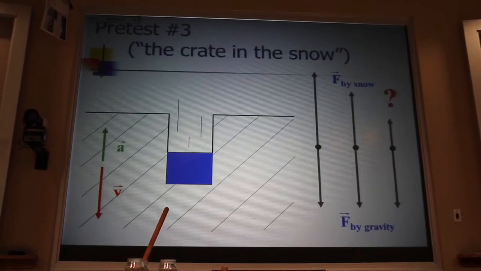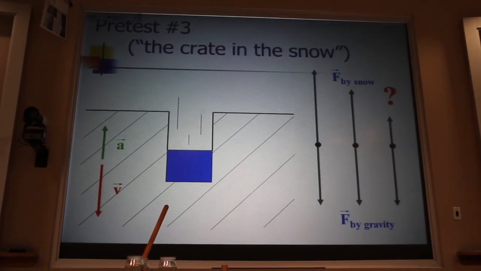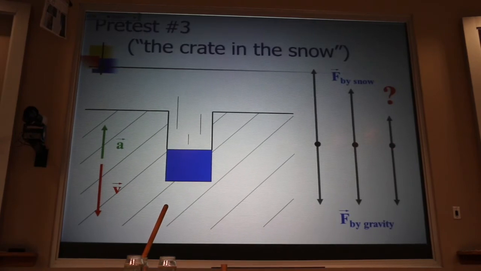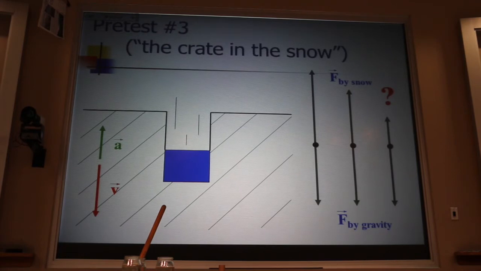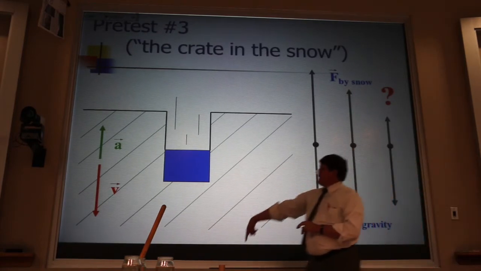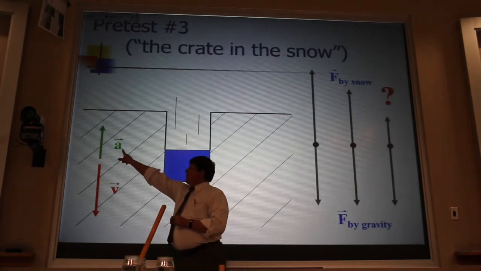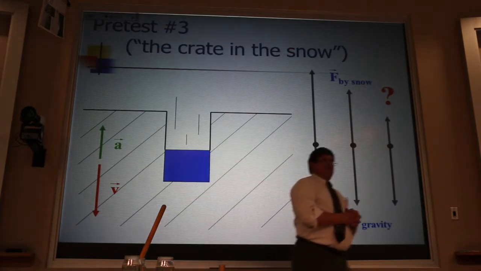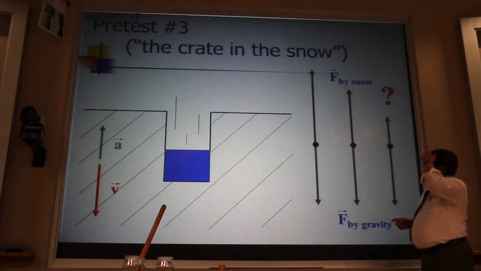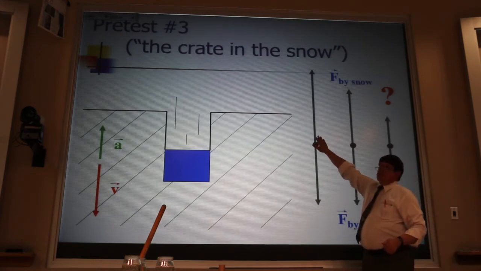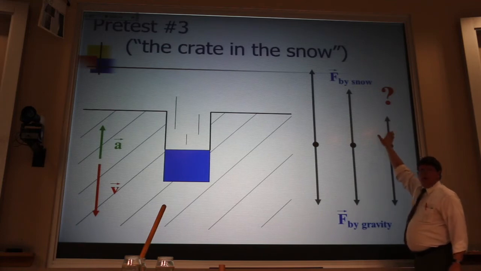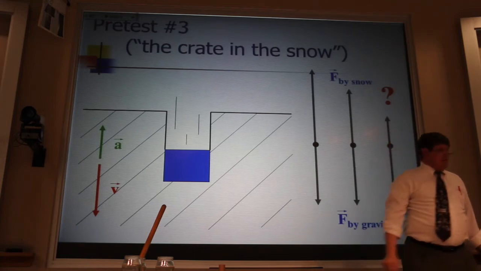Now, last day, at the end of class, we had you vote on this pretest question. You have this crate crashing through the snow. It's moving down, and it's slowing down. And it's a 50-pound crate, and you were asked, is the upward force by the snow greater than 50 pounds, equal to 50 pounds, or less than 50 pounds?